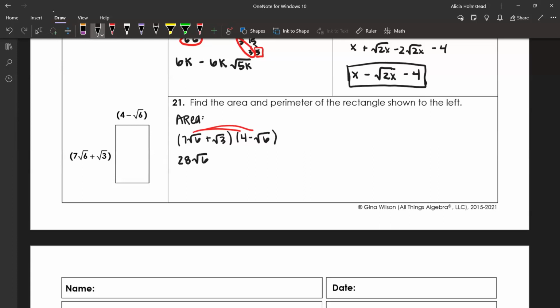And then 7 square root 6 times square root 6 is going to be 7 square root 36. And then we'll do the square root of 3 times both. So square root of 3 times 4 is 4 square root 3. And square root of 3 times negative square root 6 is negative square root of 18.